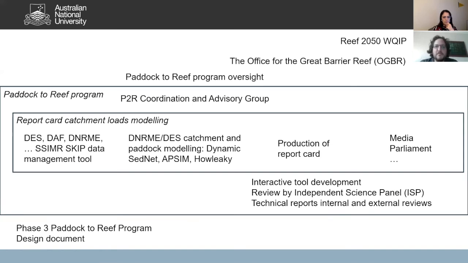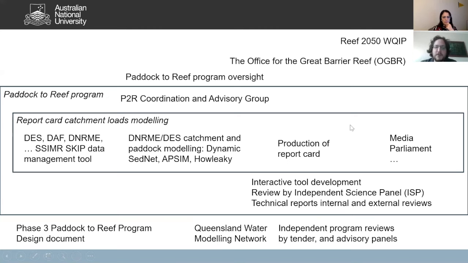But on top of that, we've got coordination and advisory groups. We've got, as part of the production of the report card, interactive tool development, review by an independent science panel, as well as other reviews. And it's supporting this. We also have the Queensland Water Modelling Network that includes universities and other consultants and so on, and independent program reviews by tender, as well as broader advisory panels.